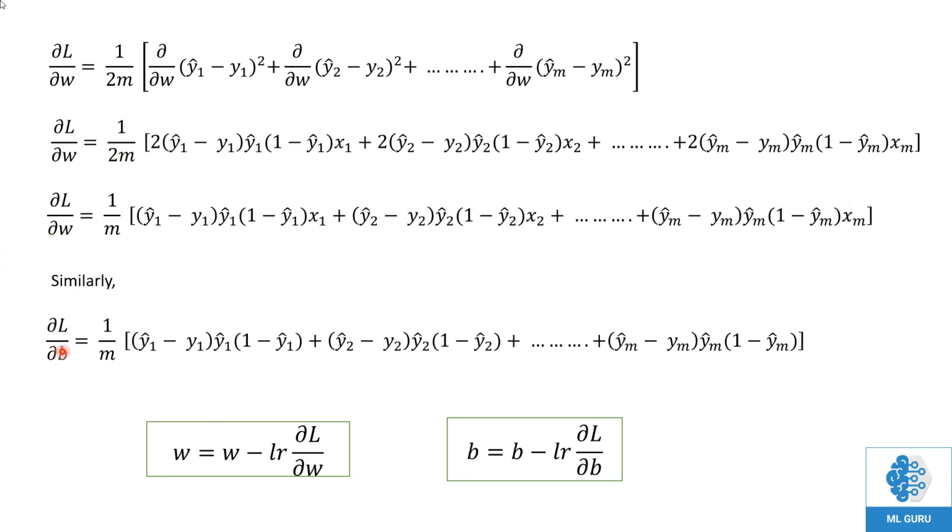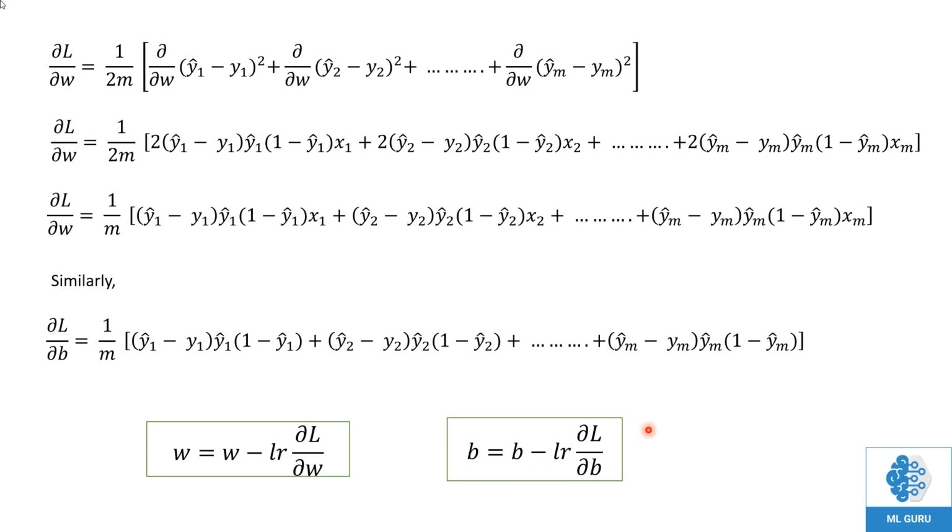And we repeat the same thing for b. So the only difference between these two summations is instead of x_i at the end of every term, we have 1 at the end of every term, which doesn't matter if we multiply it with this term, because 1 multiplied by anything gives the term itself. And once we have calculated the value of the partial derivative of this loss with respect to w and b, we can now apply our gradient descent update rule.